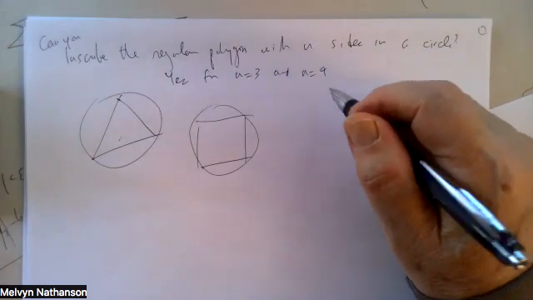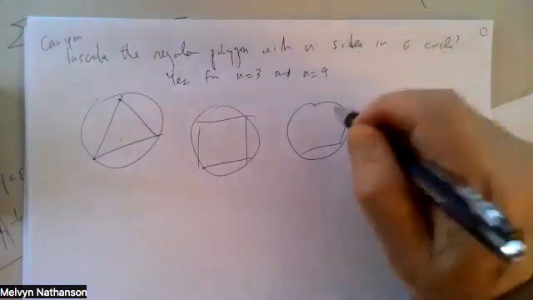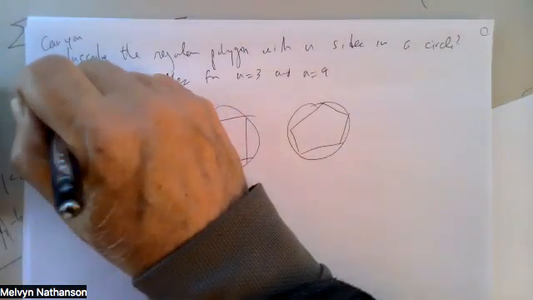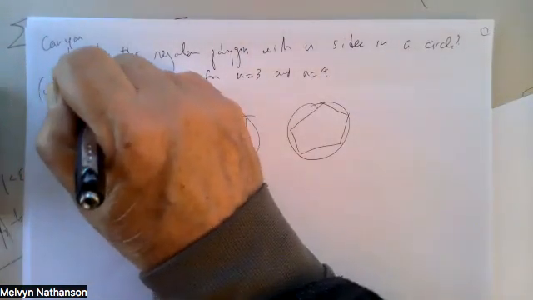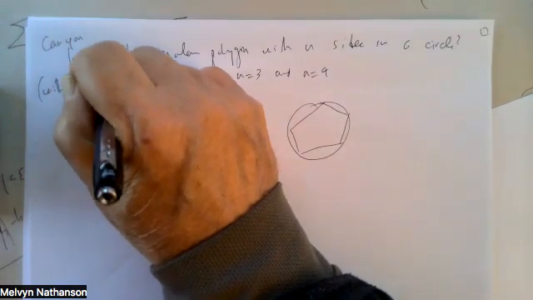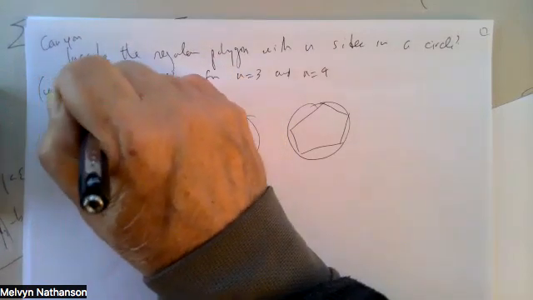It's much harder, but it's true that there is a way, and this always means in Greek geometry with straight edge and compass.